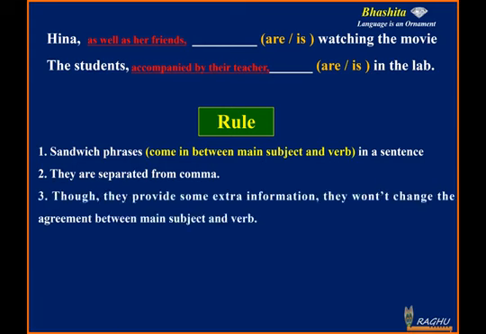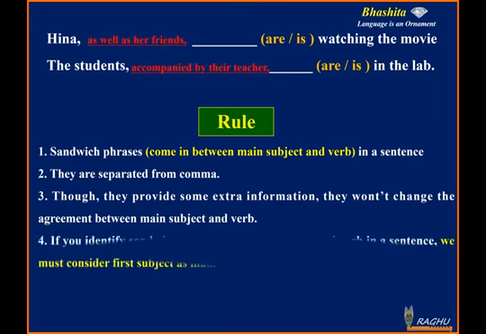Though the sandwich phrases provide some extra information in the meaning of the sentence, they won't change the agreement between the main subject and the verb. Let me explain once again. Surely the sandwich phrases might add some extra meaning and information to the sentence, but they won't influence the agreement between the subject and the verb.